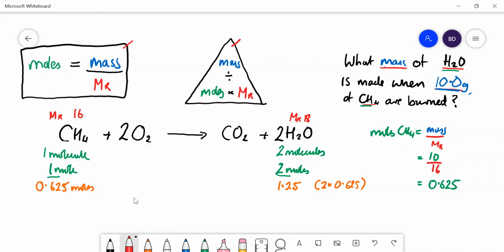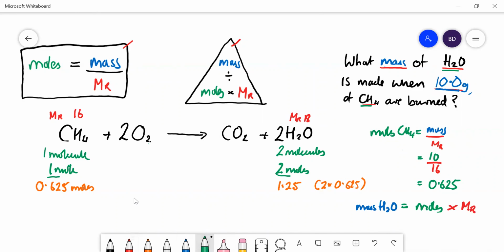So let's write that down. You rearrange the equation: mass of H2O is equal to the moles multiplied by the Mr of water.